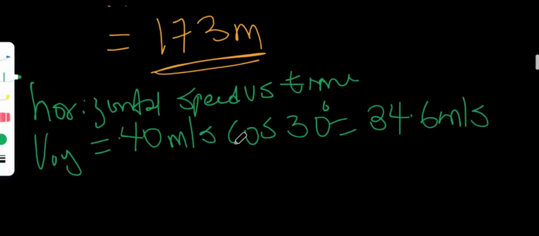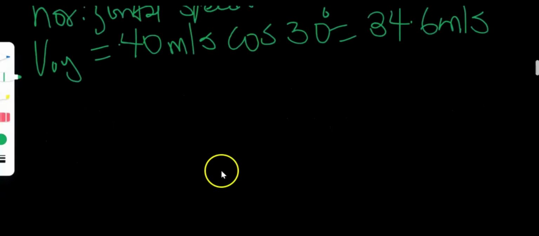As there is no horizontal acceleration, the horizontal speed of the projectile remains constant throughout the entire flight. So the horizontal velocity will be 34.6 meters per second over the flight time of 5 seconds. In that phase, the horizontal speed versus time graph would look like this.